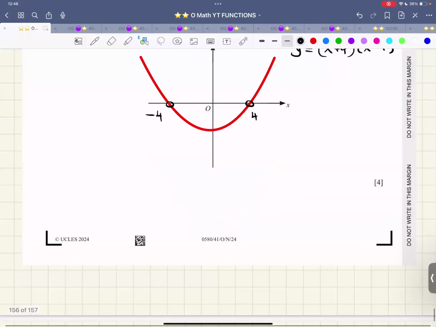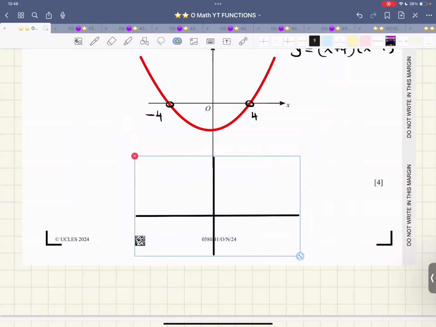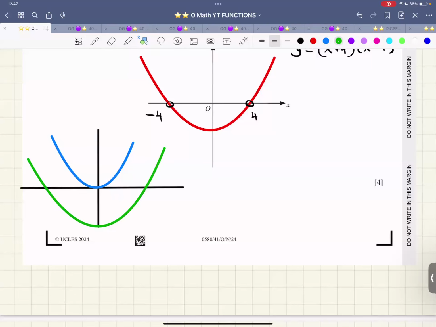Now let me do one other thing over here. Let me make it thinner. And let me also draw it this way. So I can draw the graph of y is equal to x squared and then shift it 16 units down. So I have to just go down a bit. Okay, that's good enough. And then shift 16 units down like this.